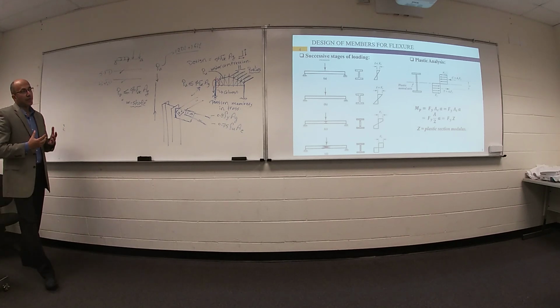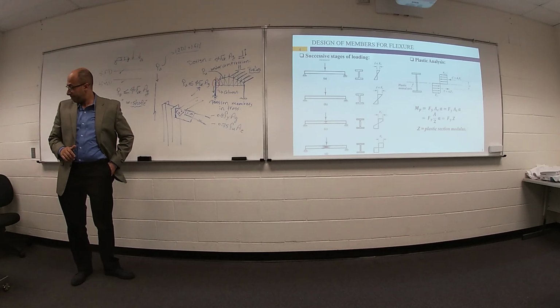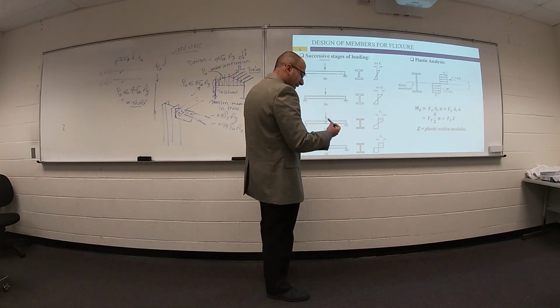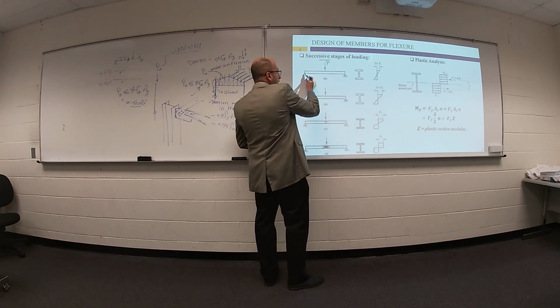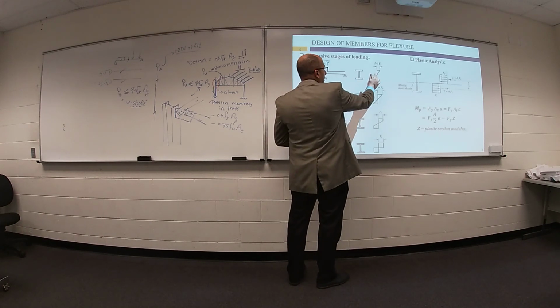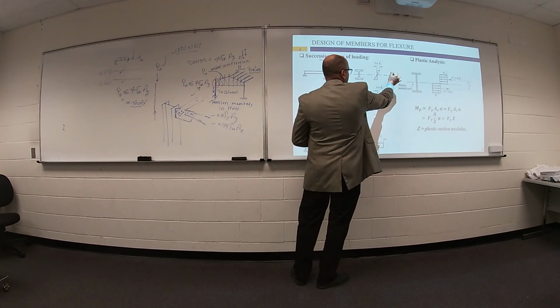Let me explain something for you related to concrete. If you have very little load on your steel beam, your stress distribution on your cross section looks something like this. Here is your neutral axis.